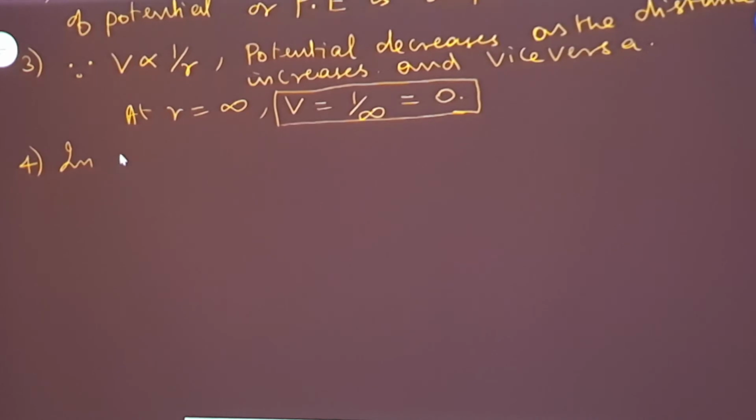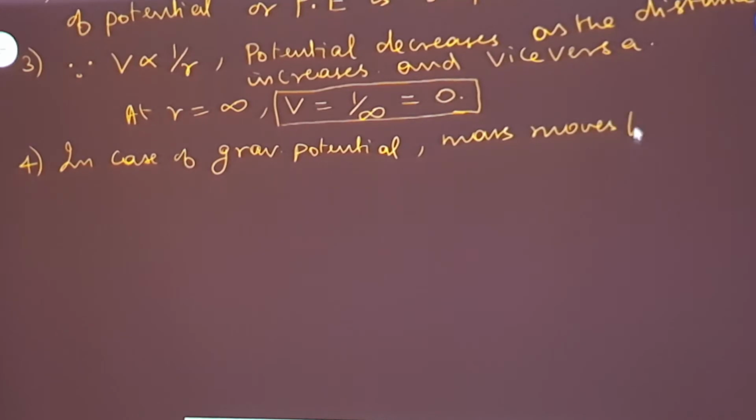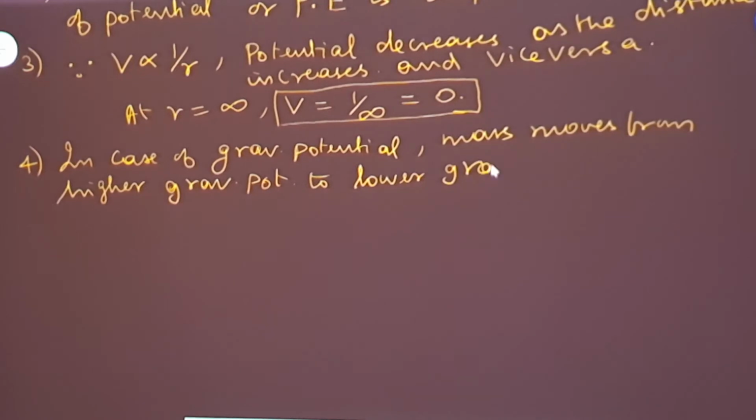In case of gravitational potential, the mass moves from higher gravitational potential to lower gravitational potential.